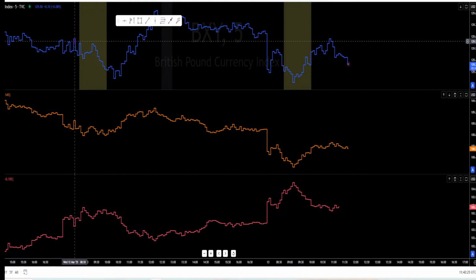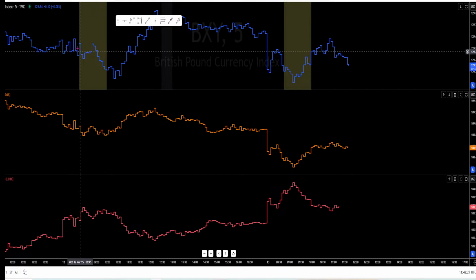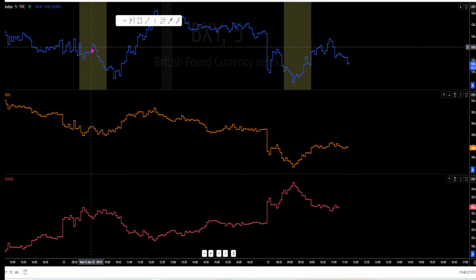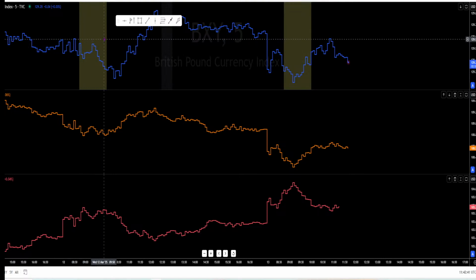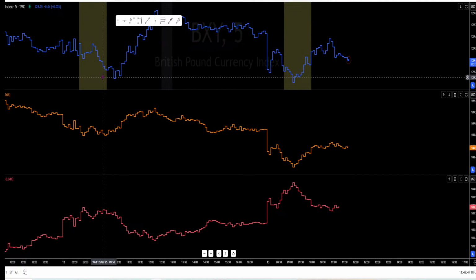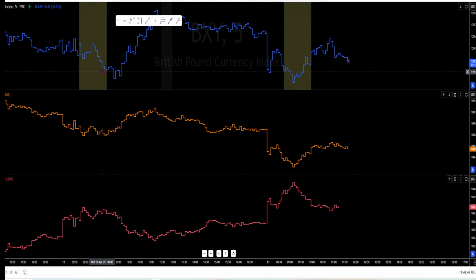Okay, if we go back to yesterday, it's a little more sloppy, but at the open we had again the pound and the euro going down and the US dollar going up. And then that continued on until about, again, about that 9 o'clock. And then you can see they reversed. The dollar started going down around 10 o'clock, started reversing down.